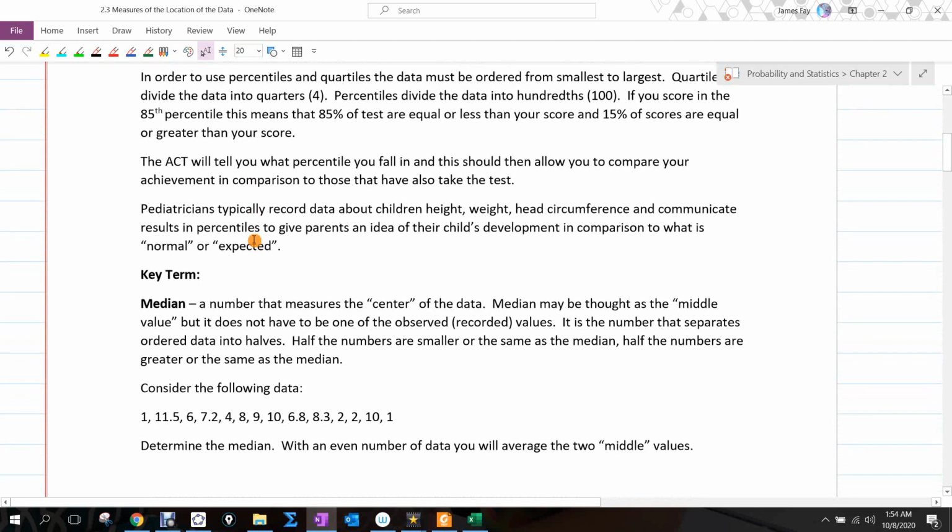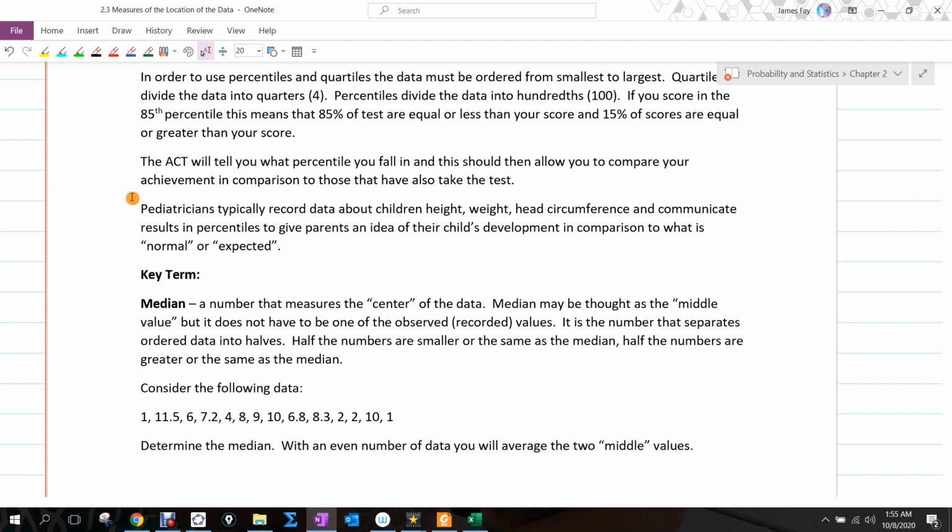Even if you dig into it, like your end of course exams, if you get into the Ohio Department of Education's website, I'm pretty sure it tells you how you do compared to everybody else. One place that you'll see it, or maybe you have experienced this, is at the doctor's office, especially with little kids.